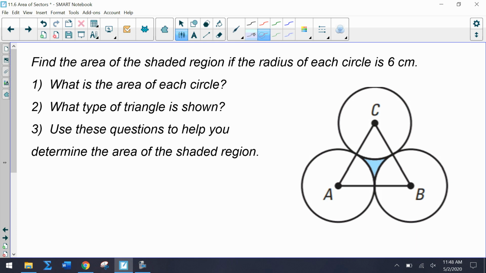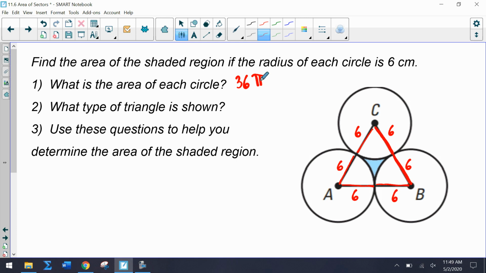So let's start here. If we know that the radius is 6, right? We have 6 and 6, 6 and 6, 6 and 6. Then each circle has an area of 36 pi.